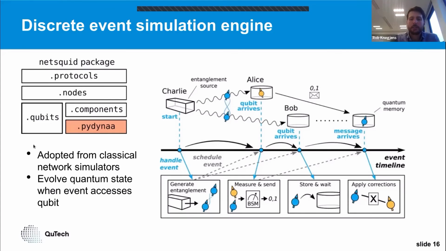And the simulation engine jumps between these events. Okay. And what's important then is that the quantum information stays accurate, and it attempts to do that by looking back and seeing how much time has passed, and then retroactively evolving the state to the current time. Yeah.